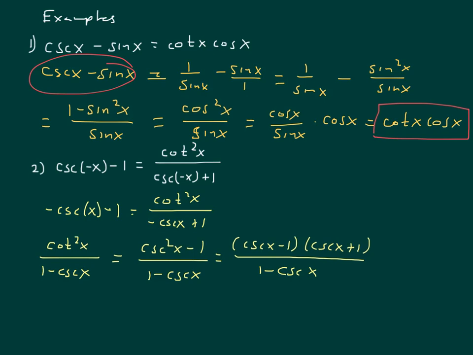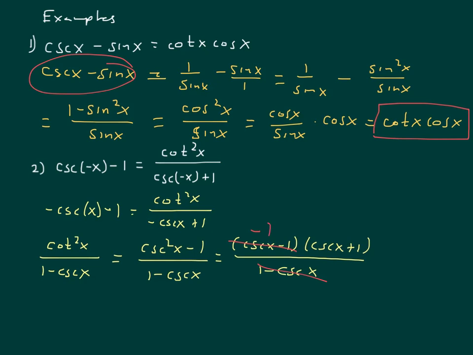And so when these two pieces cancel each other out, which they will do, I'm going to be left with negative 1, because these are opposites of each other. Positive cosecant, negative 1, positive 1, negative cosecant. These will cancel each other out, but I'll be left with a negative 1 there.